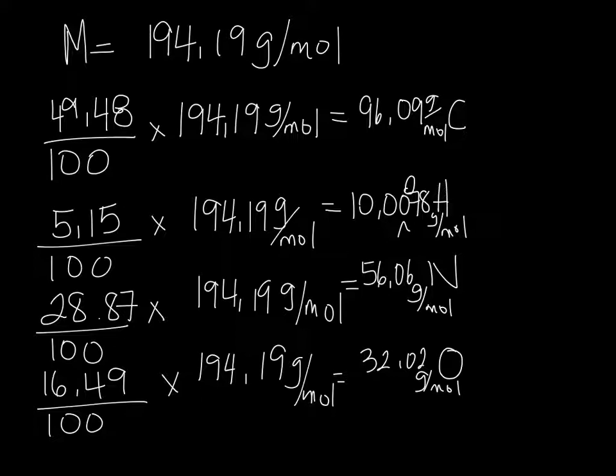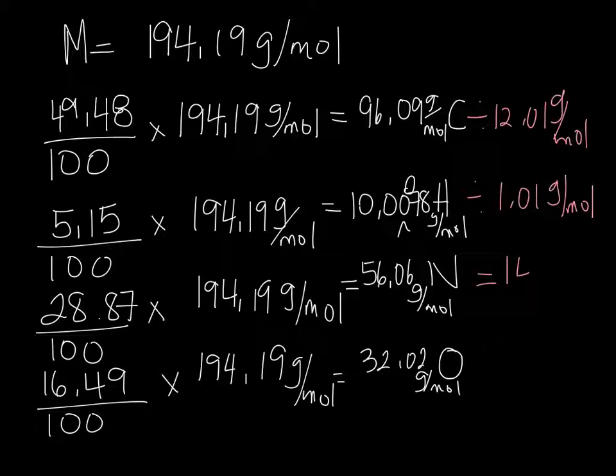So I'm going to take that 96 and divide it by 12.01 for carbon. Take that hydrogen, divide by 1.01. Take that nitrogen, divide it by the molar mass of nitrogen. And take that oxygen, divide it by the molar mass of oxygen.